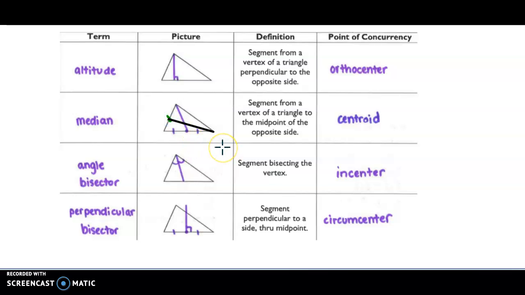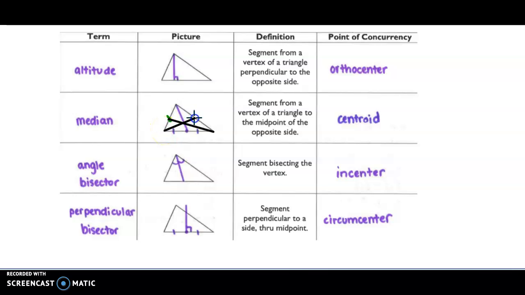Right, that's another median. Then I have yet another median from this corner to this midpoint. Now, obviously, I'm just guesstimating, but I can draw another segment there.